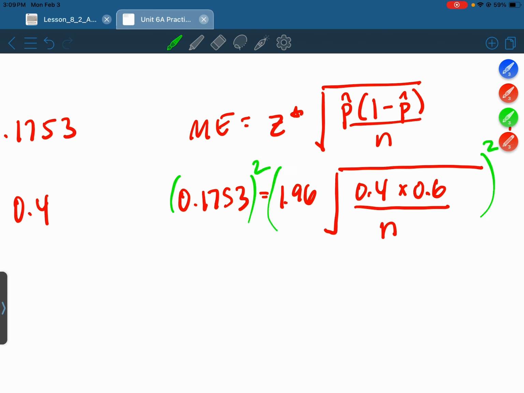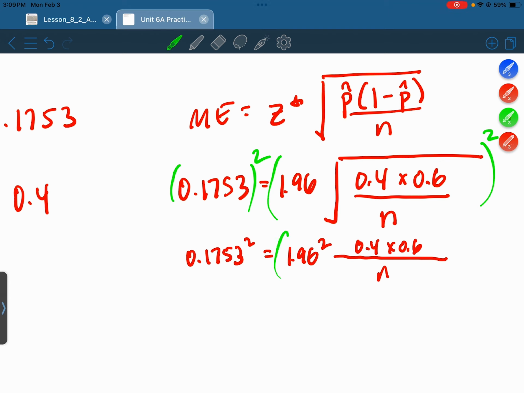I'm going to go ahead and square both sides. So 0.1753 squared equals 1.96 squared times 0.4 times 0.6 over n, so that square root just gets wiped out. Now let's multiply both sides by n, and just to kill two birds with one stone, I'll divide by 0.1753 squared at the same time.